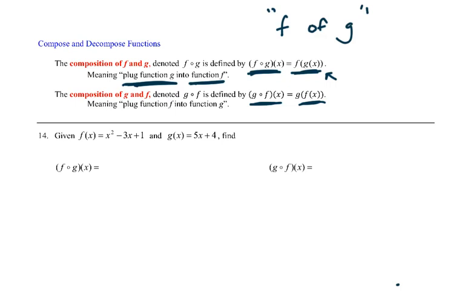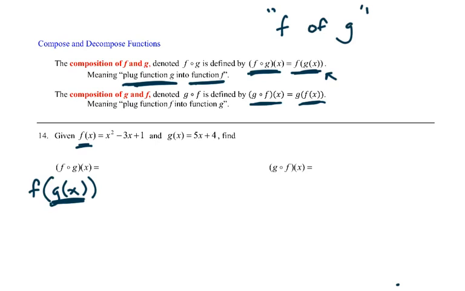So what that literally is saying, though, is that I'm going to take my function of g and plug it in for the x values in my f of x. Let's see an example and see how this works.